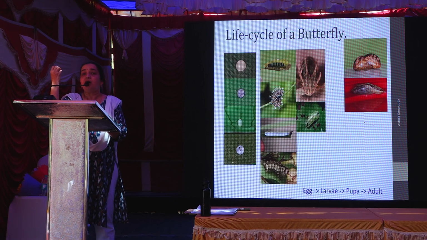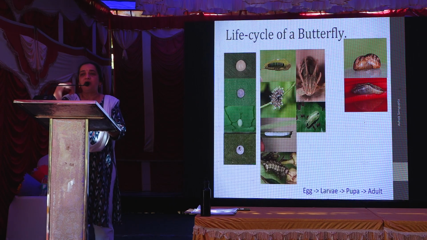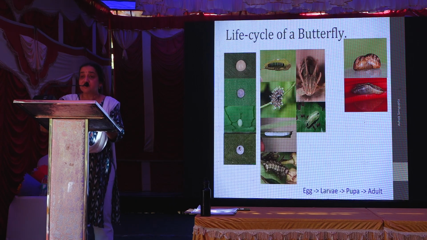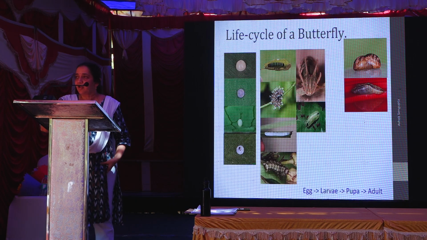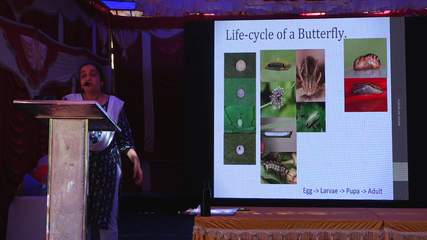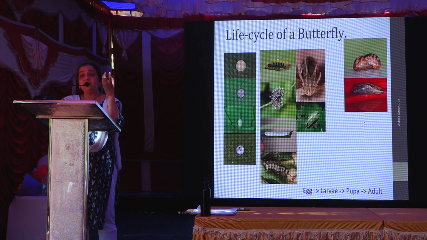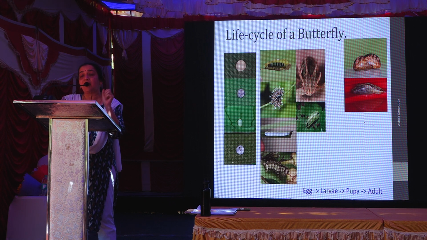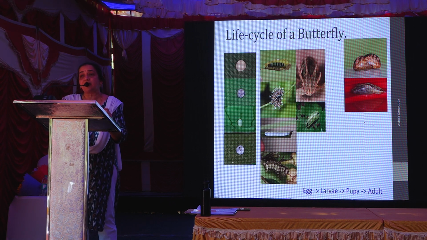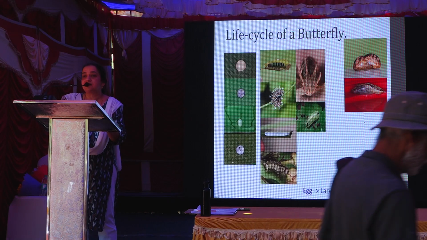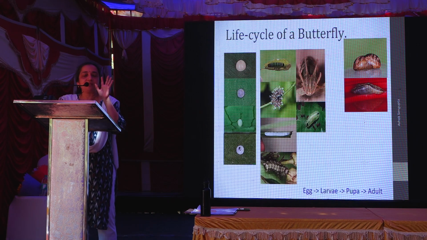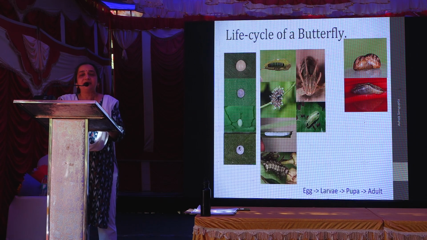Okay? So when I was very, very small, say in the first standard, I'll finish. When I saw this beautiful egg in my aunt's house on the curry leaf plant, I went like this. Bear with me, okay? I went something like this.